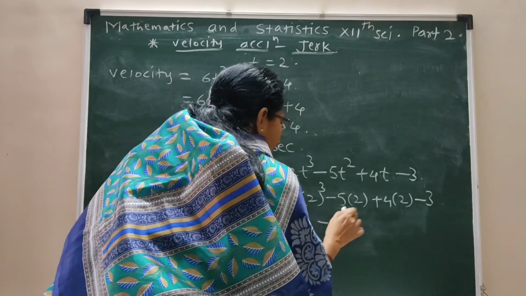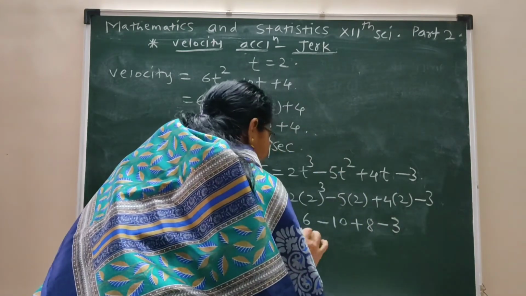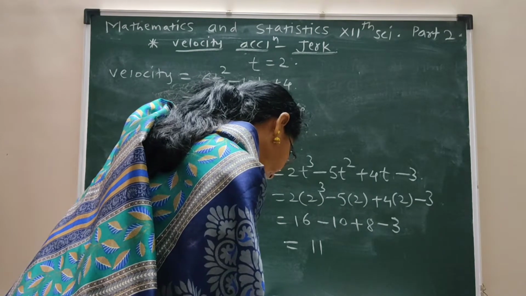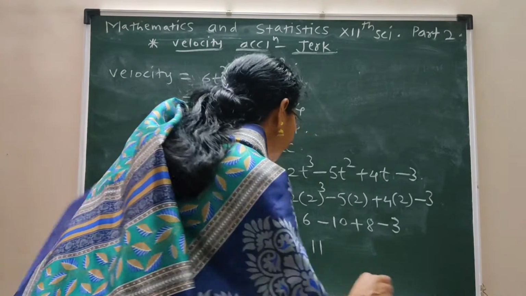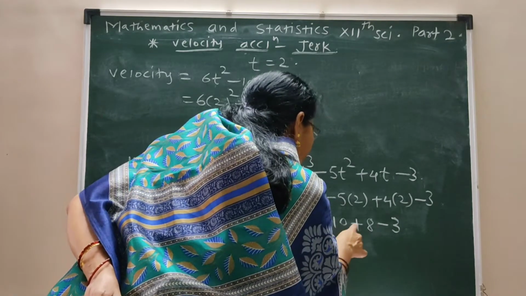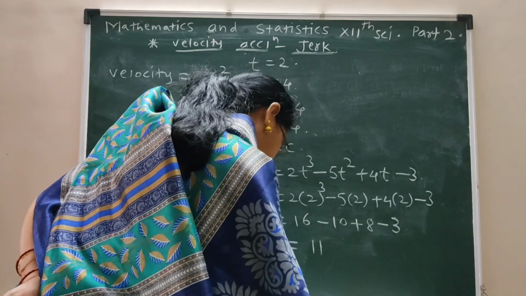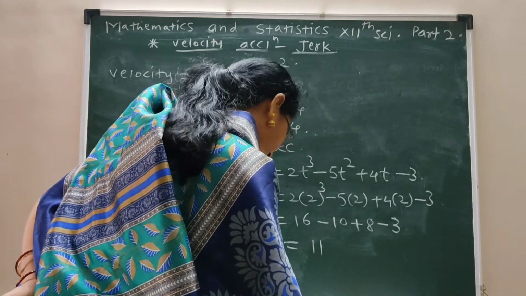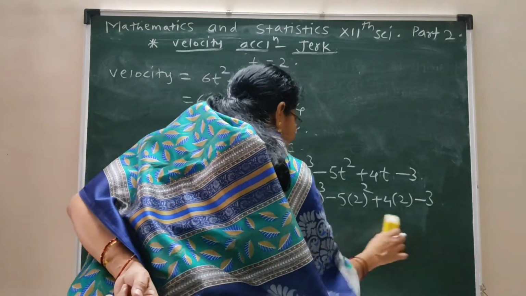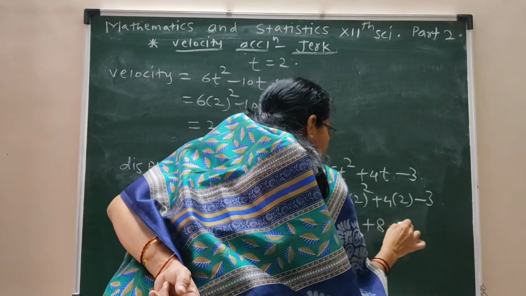Now 2 into 8 is 16, 5 into 4 is 20, plus 8 minus 3.